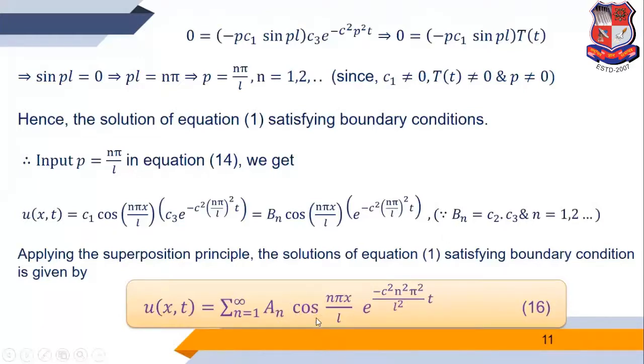So an cos n pi by L into x e raised to minus c square n square pi square by L square into t. So again, I repeat, for k less than 0 case, the solution form is equation number 16, which satisfies both boundary conditions.